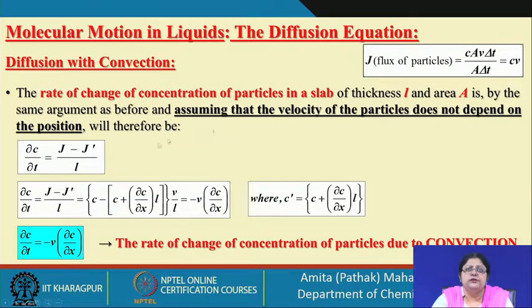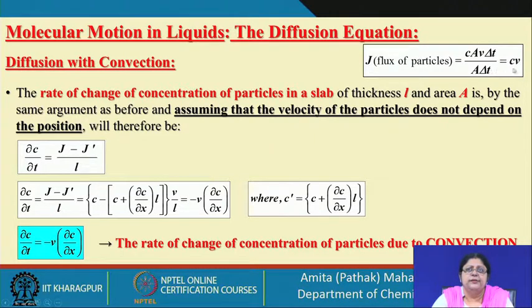So, the rate of change in concentration is going to be nothing but the J at x minus the J at x plus L. So, we have J prime with concentration as C plus the change of concentration C with x into L, which is the new C we have. Now, we want to substitute that in terms of J. See, J is here in terms of concentration.